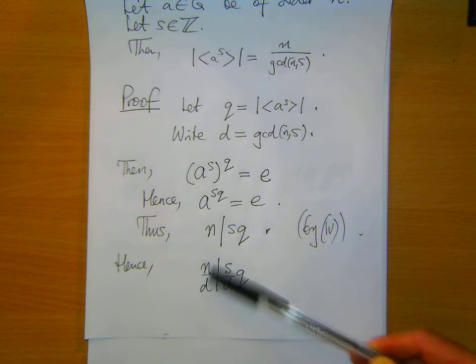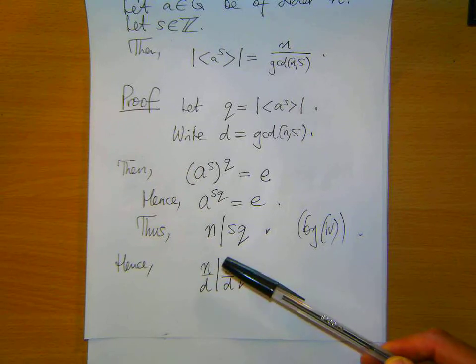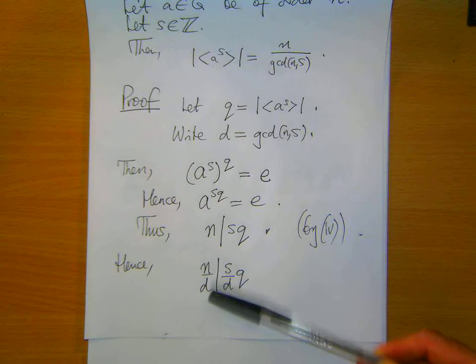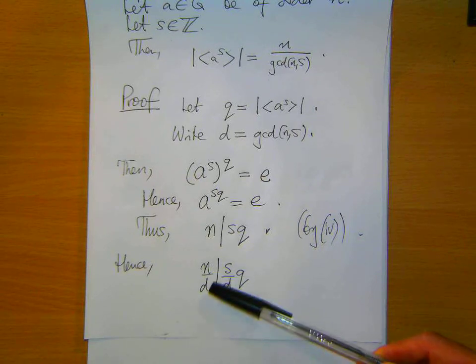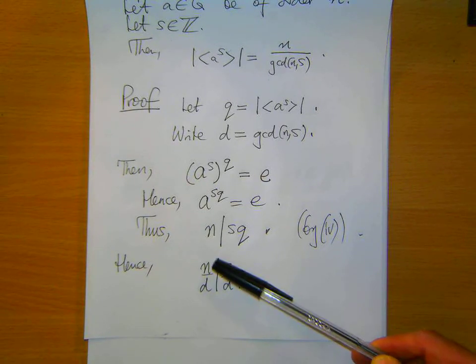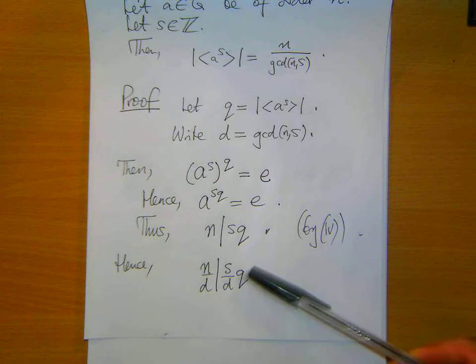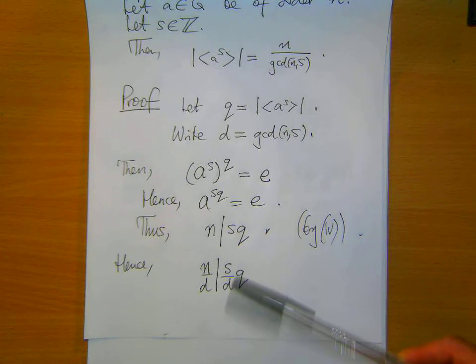And n over d is a natural number because d is a divisor of n. Usually when I've got two integers and I divide one by the other, I'm going to jump outside the integers, but d is a divisor of n, so n over d is still a positive integer, and s over d is a positive integer.